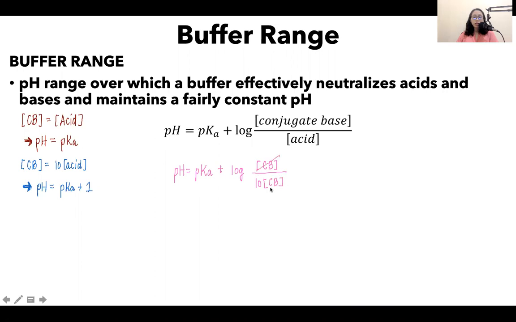We can cancel this out, and now the ratio is 1 over 10 or 0.1. And logarithm of 0.1 is equal to negative 1. So in this case, if the concentration of the acid is 10 times the concentration of the conjugate base, the pH of the solution also changes by a value of 1 unit, but this time it decreases.